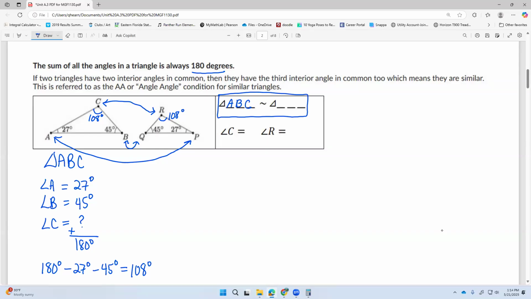Okay, so paying attention to which angles are equal, A is equal to angle P, B is equal to the measure of angle Q, and C has the same angle measure as R. So you should have written triangle PQR.